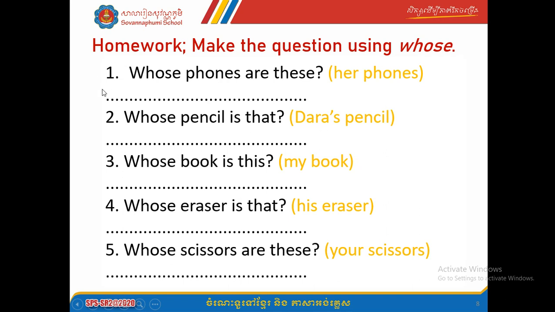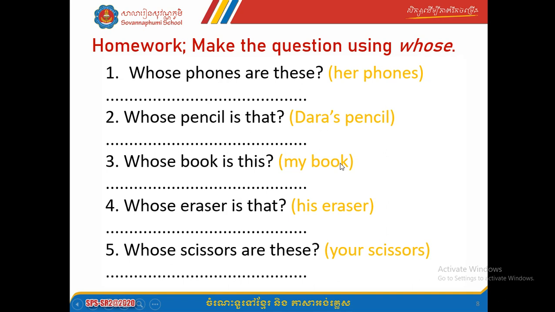Okay, so you can say it is her phones or they are her phones. Okay, which one is correct? It is her phone or they are her phone. Okay, number 2, whose pencil is that? Okay, so you're gonna say it is Dara's pencil or they are Dara pencil. Okay, write down here. Number 3, whose book is this?